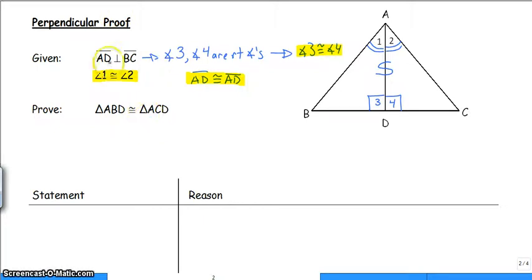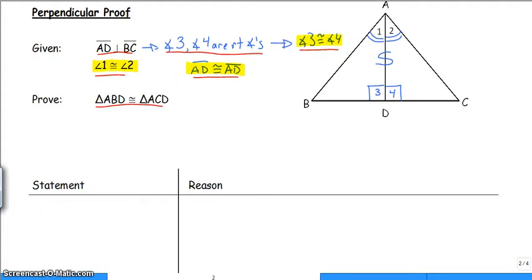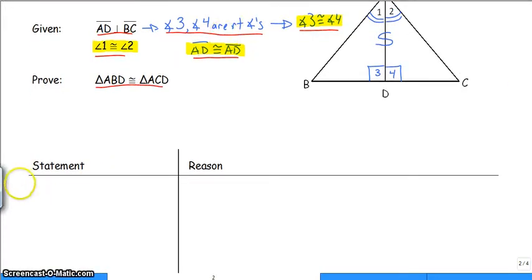This proof is going to be 1, 2, 3, 4, 5, 6 steps long. I always sketch out what I'm going to have as my proof up here, then I can write my statements. Your statements can go in exactly the order that we have up here. Segment AD perpendicular to segment BC. Your second statement would be that angles 3 and 4 are right angles.